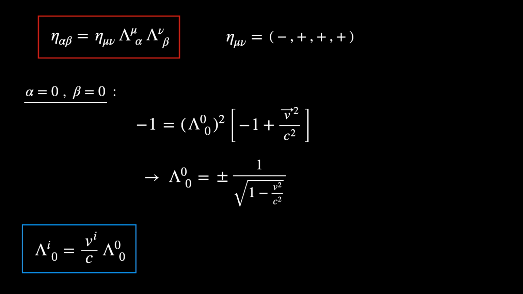Thus, we have the result for lambda 0,0. V squared is just the square magnitude of the spatial three-vector V. For lambda 0,0 to be a real number, V has to be less than the speed of light.